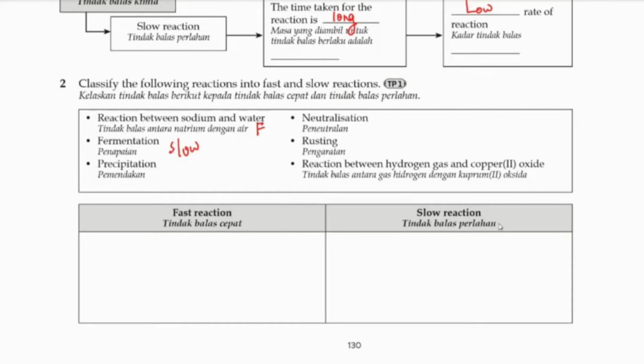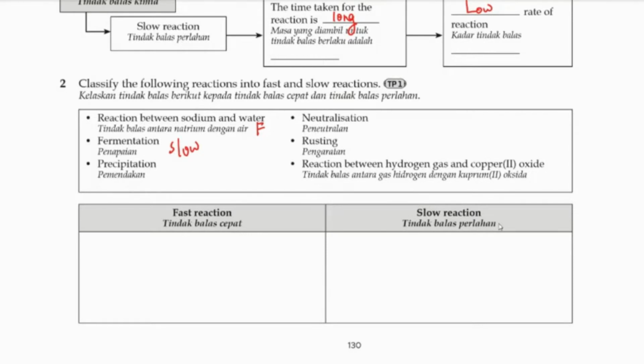Precipitation, fast or slow? The double decomposition, is it slow or fast? Fast. Why?